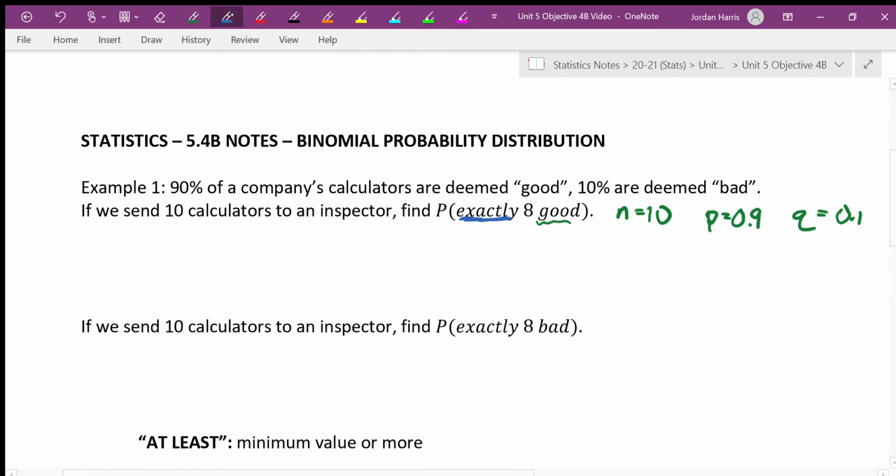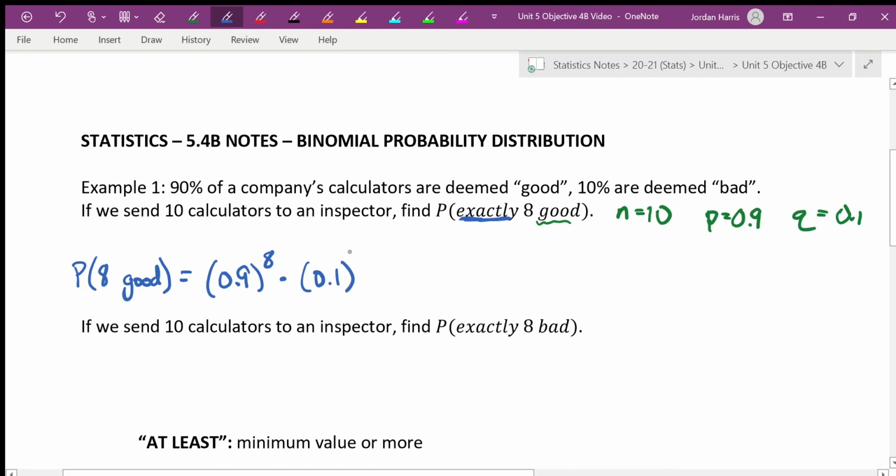Okay, so I want the probability of 8 good. So x equals 8. So we have the probability of success raised to the power of x times the probability of failure raised to the power of n minus x, which is 2, 10 minus 8, times nCx.